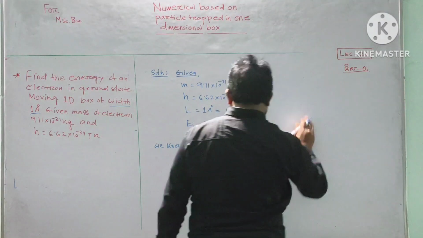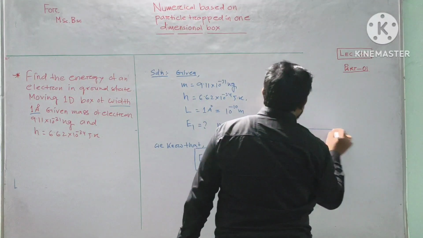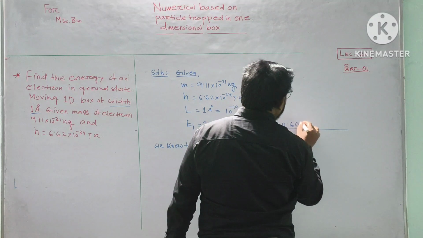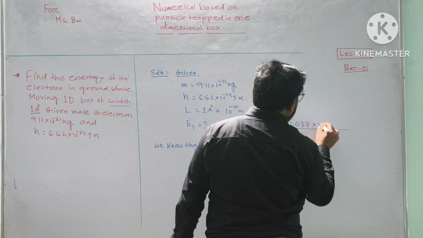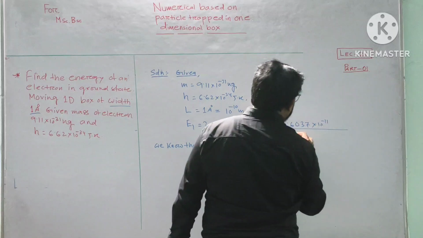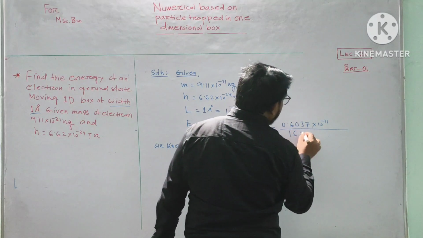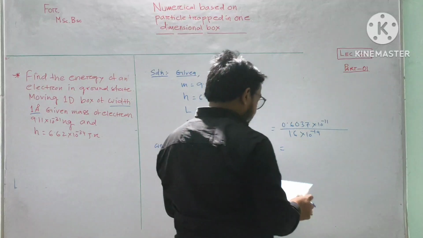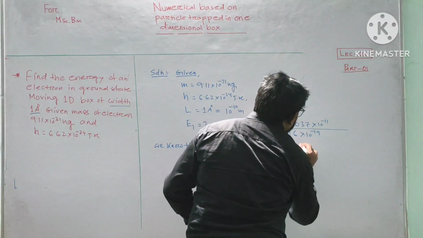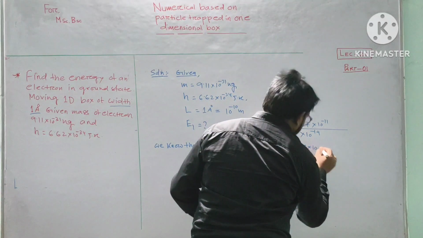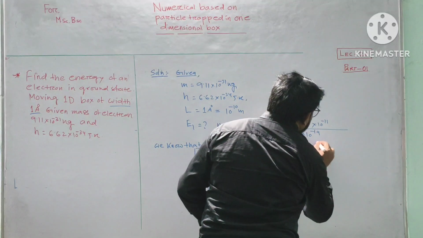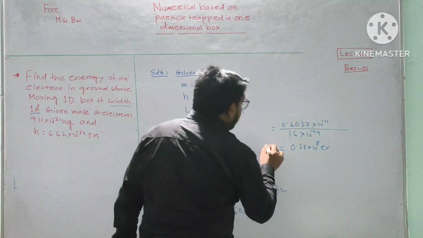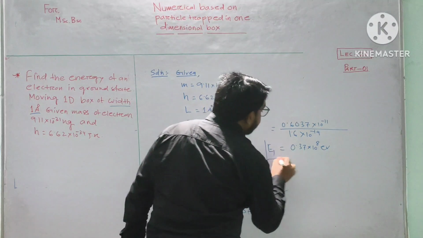We can convert this value into electron volt, so we write 0.6037 into 10 to the power minus 11 divided by 1.6 into 10 to the minus 19, since 1 electron volt equals 1.6 into 10 to the minus 19 joule. After solving this part, we get 0.37 into 10 to the power 8 electron volt. So this is our required energy.